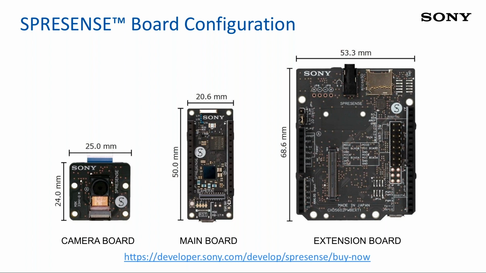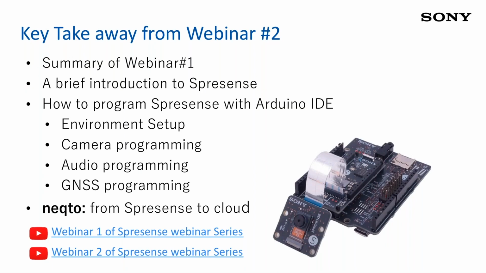So to cover what we have done so far, as I mentioned, this is the third webinar. So we had 2 other webinars before. Basically, this is just my agenda for the second webinar. What I covered there was a summary of webinar number 1, and then also I always do the brief introduction.